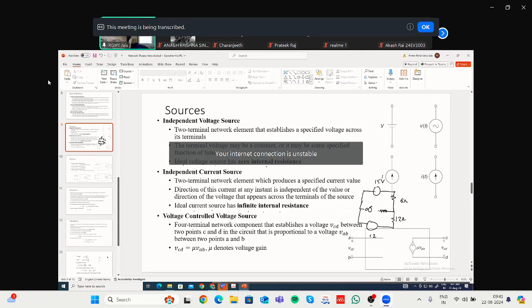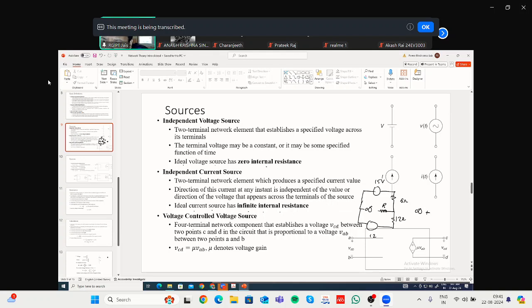This is a resistance of infinite value, and this is, let us say, a resistance of value R. So these are in series. If you add infinity with R, what will be its effect? Infinity. So this resistance will not come into picture. The resistance of the current source will be the dominant one.